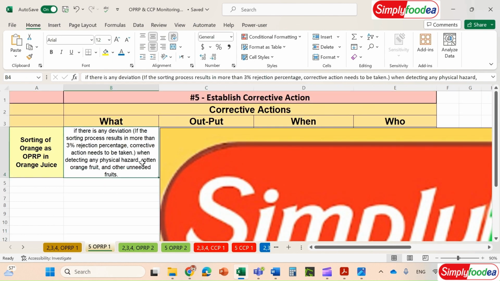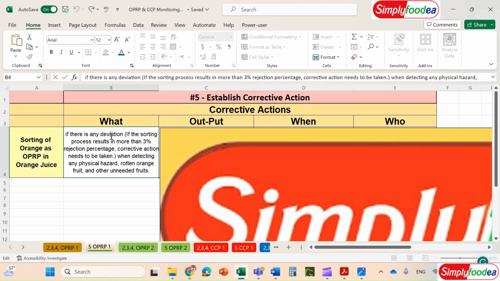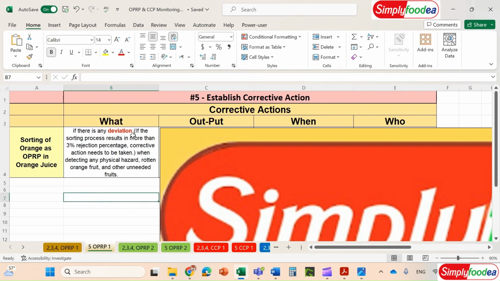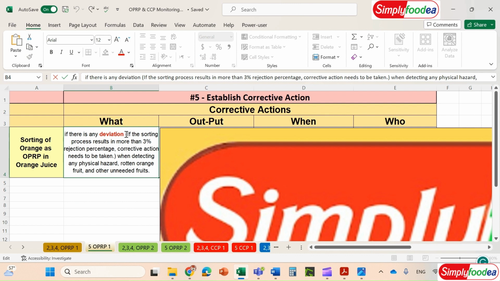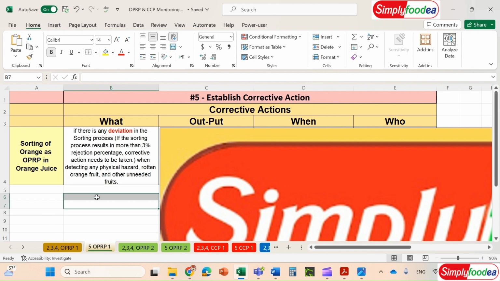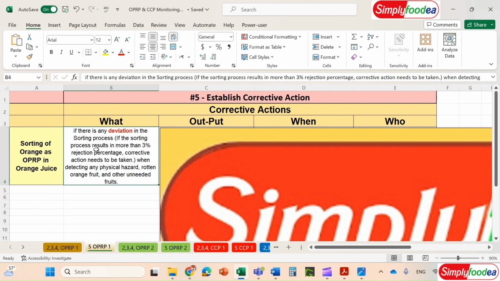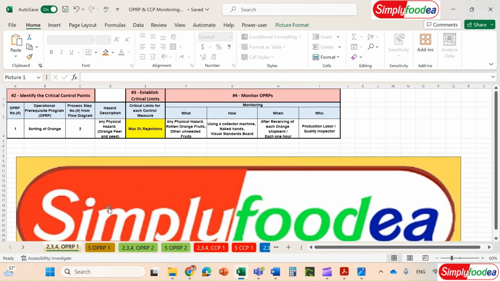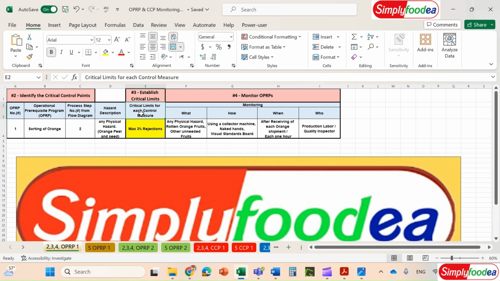What corrective action are we establishing? We are establishing it if there is any deviation, and this sentence and this word is very important. If there is any deviation in the OPRP, in the sorting process. So if the sorting process results in more than 3%, because we have mentioned here that the 3% rejection is our maximum, which is our critical limit.